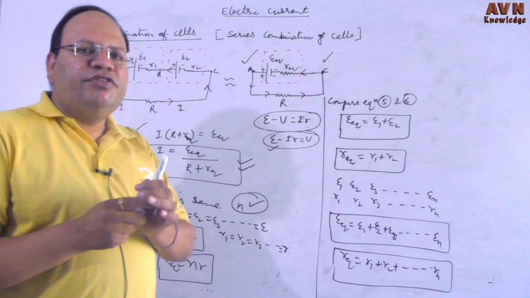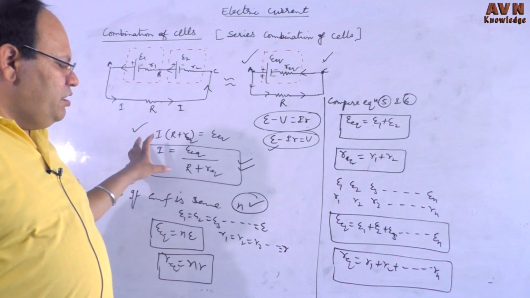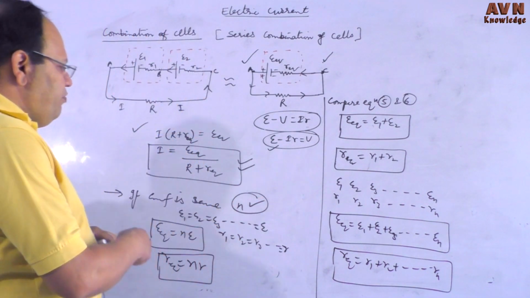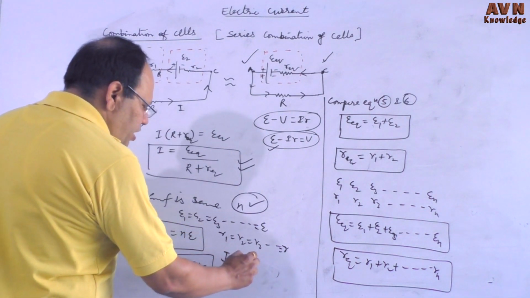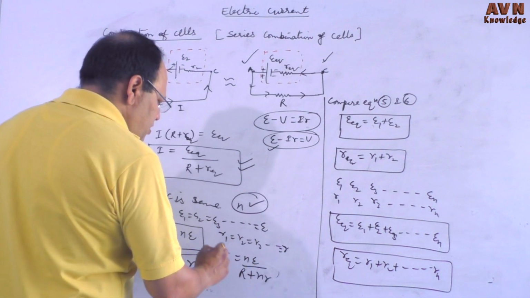When N number of cells with the same EMF are connected in series combination, then what will be the current? In this situation, the current equals N into E upon R plus N r.